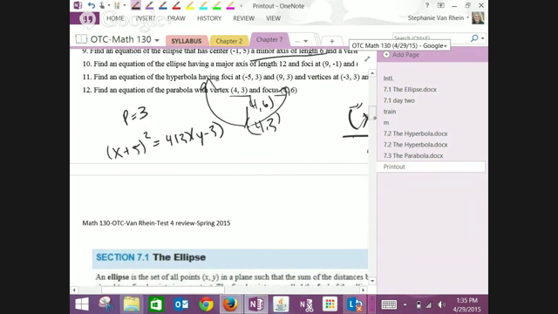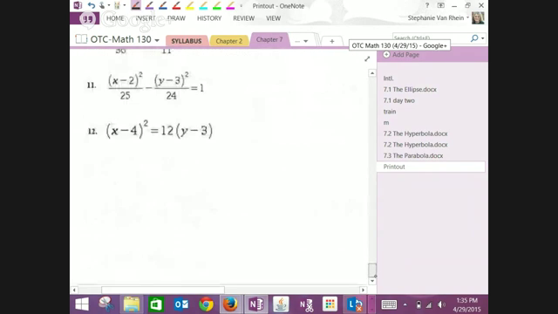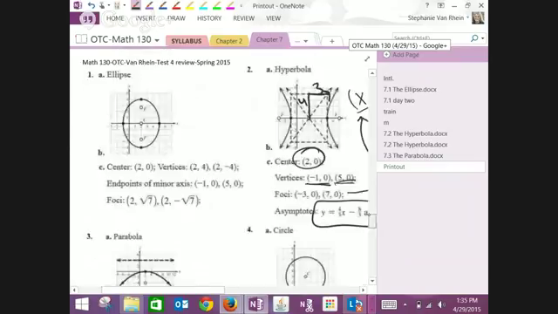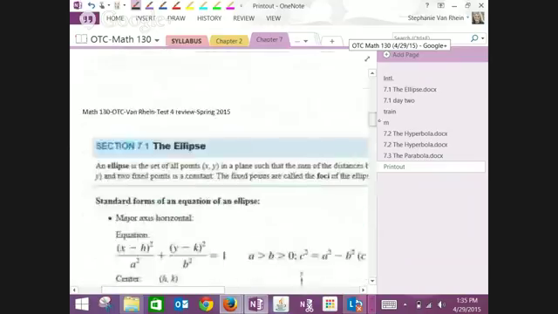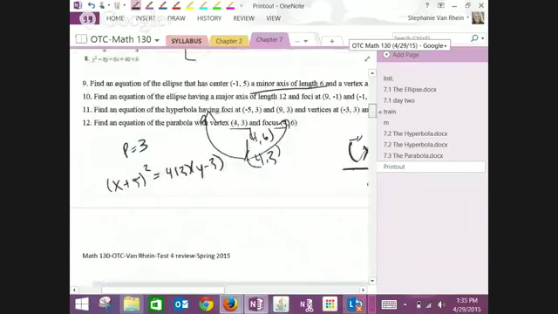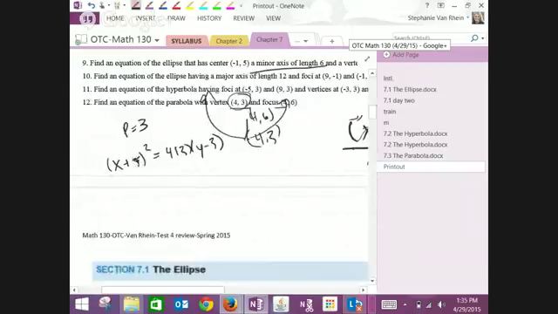What is this? Number 12. What do I have? I don't know where you got my 5. It's x minus 4 and y minus 3. Yeah, sorry, I was looking at this point.